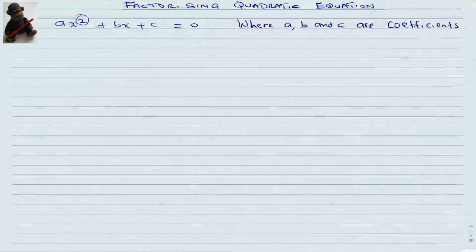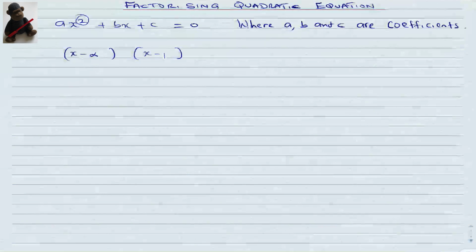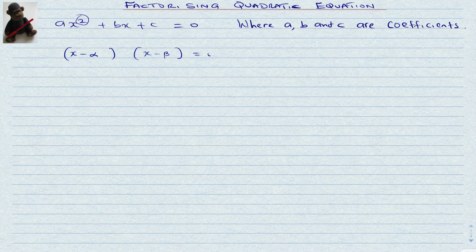And therefore it will have 2 factors. That's the first factor and then the second factor. Inside the factor, it would have x minus alpha, x minus beta, which equals 0. Each factor is then set to 0.